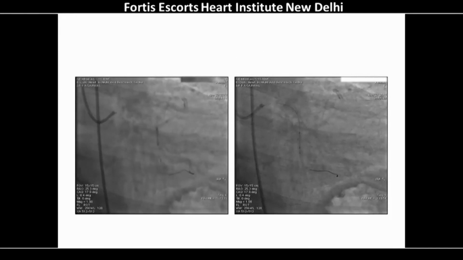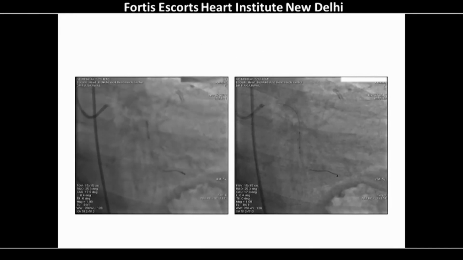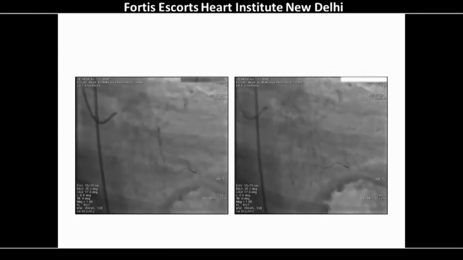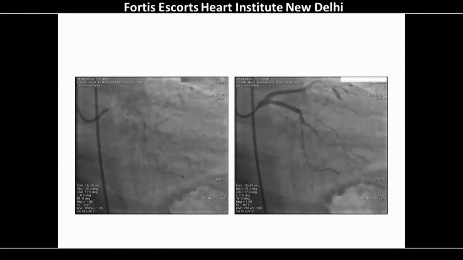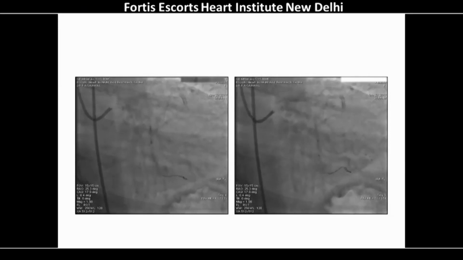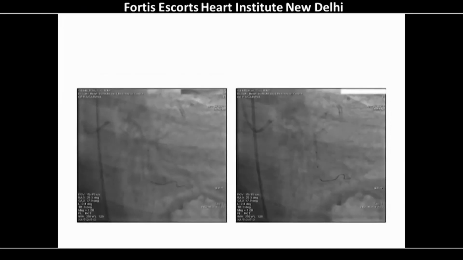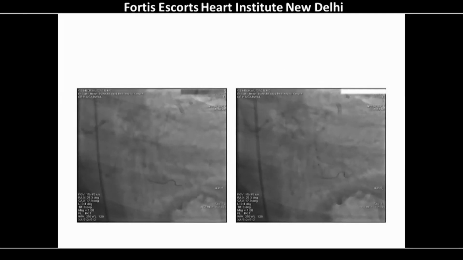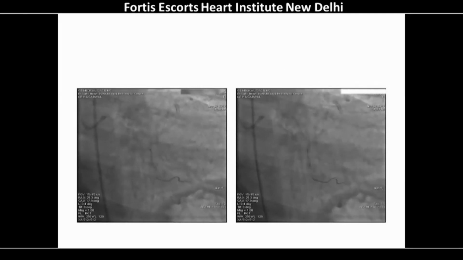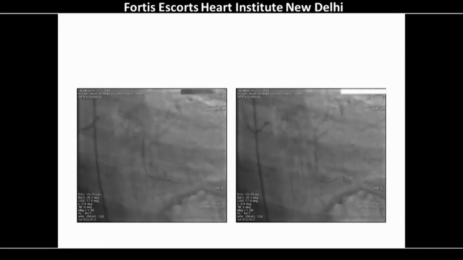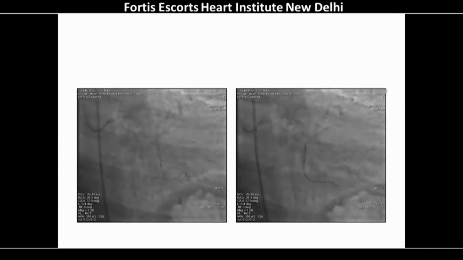Yeah, it was ballooning, but the ballooning was difficult. The balloon was slipping up and down. Next, please. So this is an ISR of a prior circumflex stent. The lesion was proximal to the stent, but it was extending into the stent also.